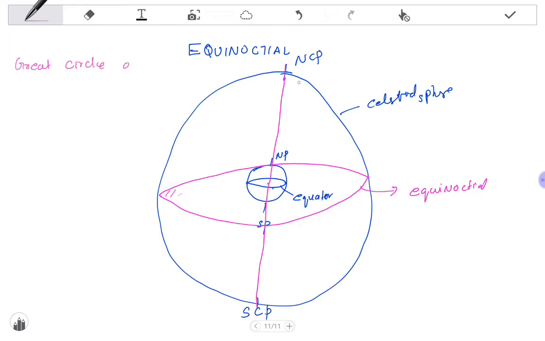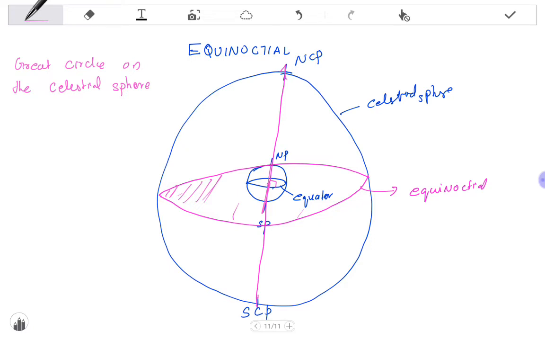This is our celestial sphere, and the plane of this great circle is perpendicular to the axis of the Earth, the line joining the celestial poles. The line joining the celestial poles is the pink line, the axis of the Earth. So the plane has to be perpendicular to the axis of the Earth.